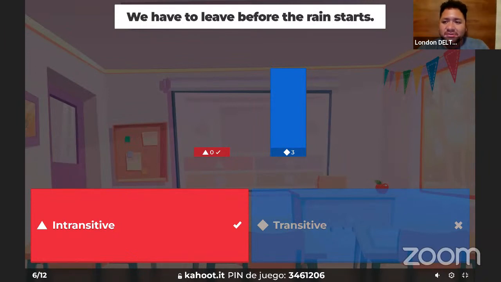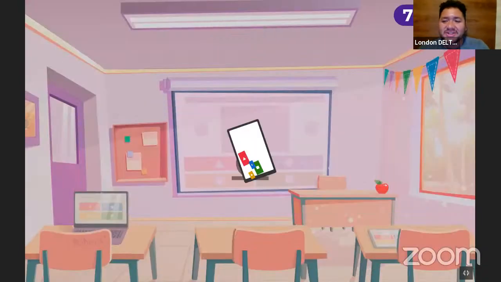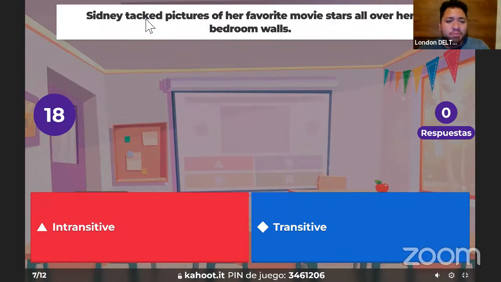Questions here? Okay, let's see in the next exercise. Sydney tagged pictures. Tagged es como pegar, pegó fotos de su favorita estrella de cine en las paredes. Pegar fotos.